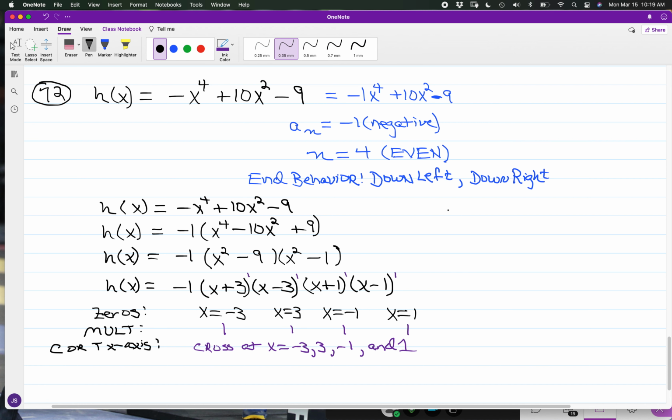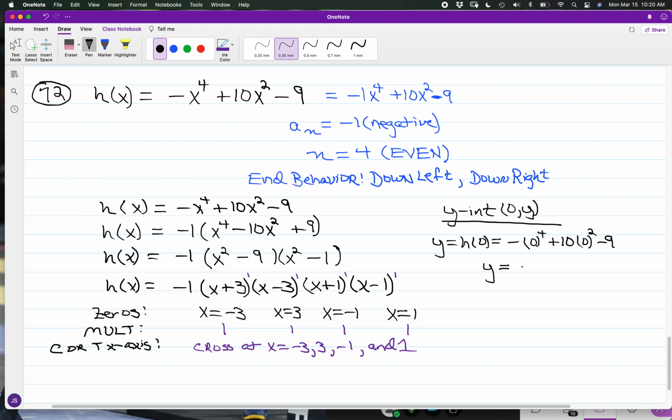And in terms of the y-intercept, here we're going to have y is equal to h of 0. So you're going to have the negative of 0 to the fourth plus 10 times 0 squared minus 9.